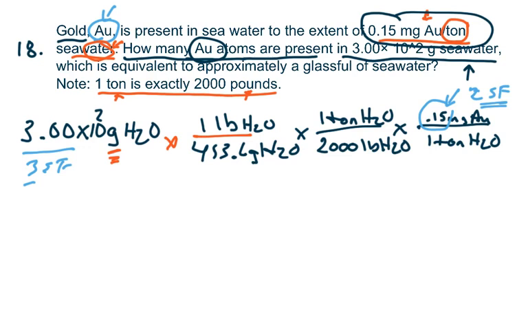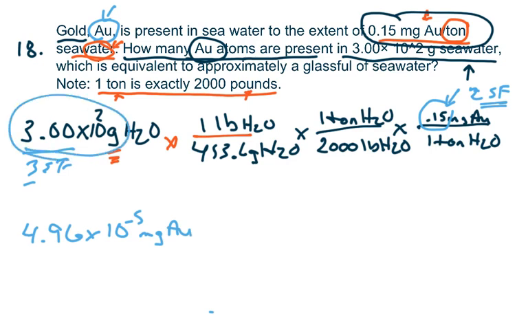So we have 4.96. We're going to carry it out as 3 right now. It doesn't really matter, because in the end we'll fix it. Times 10 to the minus 5 milligrams of gold. That's how much gold is in 300 grams of water. Now we want to know how many gold atoms, so we're going from milligrams of gold to gold atoms.